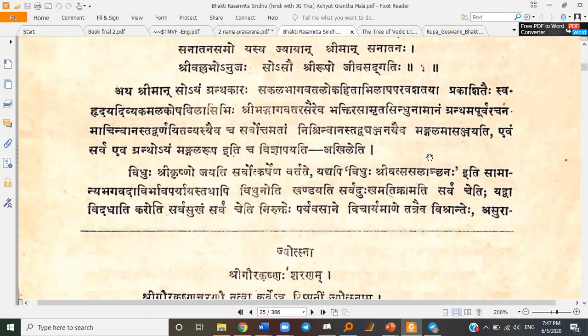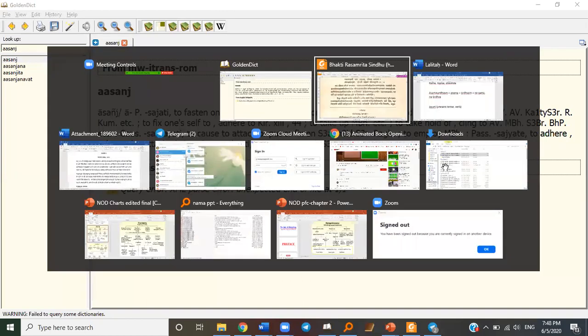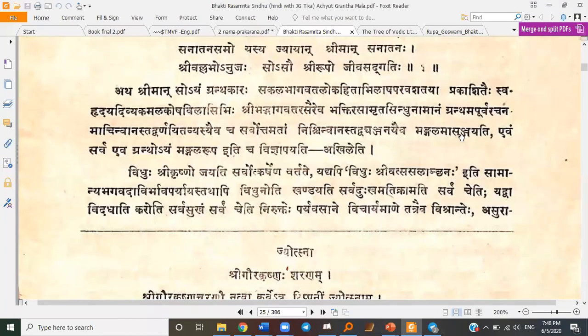Means he's invoking auspiciousness, I'll say. Okay. He's invoking auspiciousness, Sanjayati. Or if you want to use this word attach, then we can mean it like he is attaching auspiciousness with this verse.